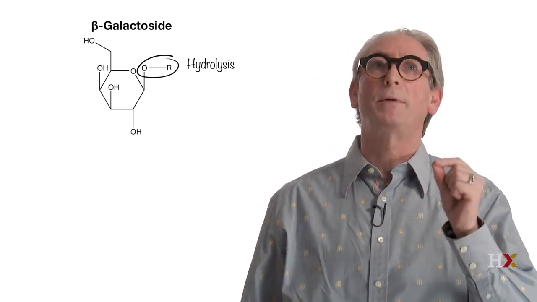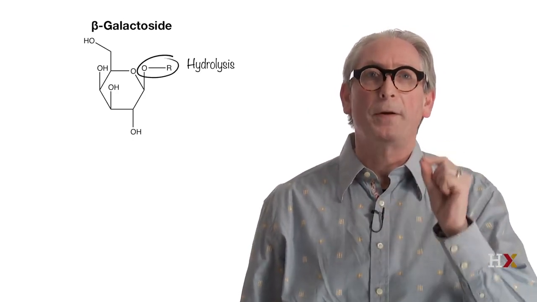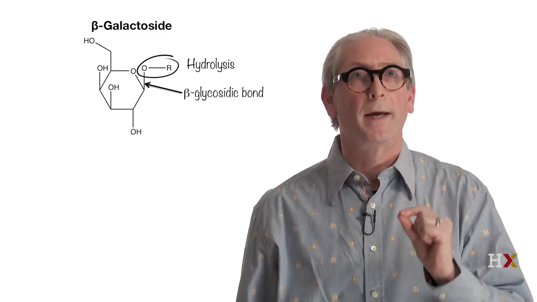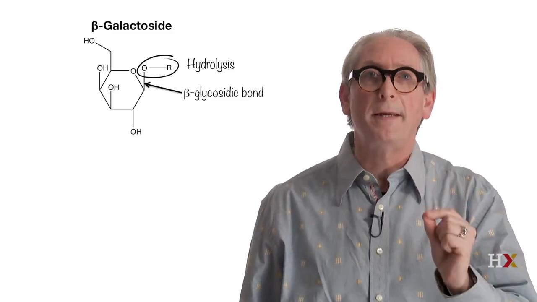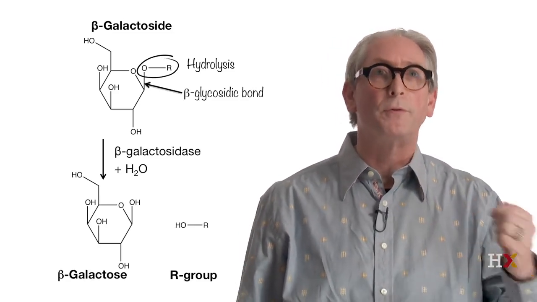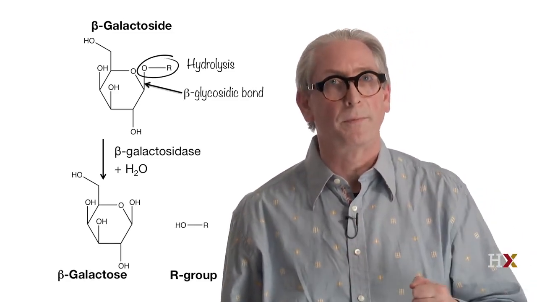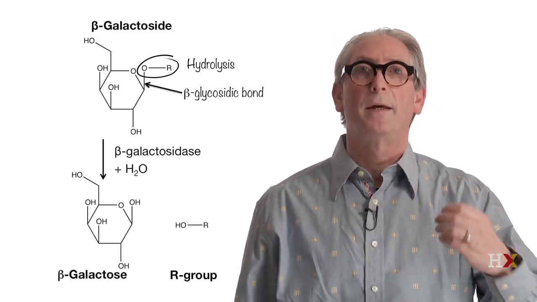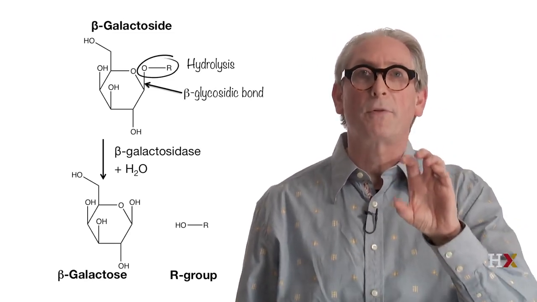And the linkage between galactose and R group is a very specific bond called a beta-glycosidic bond. And that is the bond that is cleaved in a reaction that is catalyzed by beta-galactosidase to produce galactose and an R group. So beta-galactosidase will function regardless of the identity or the chemical structure of the R group.